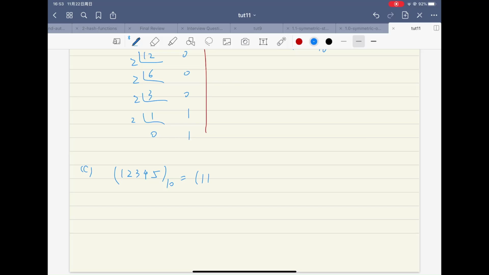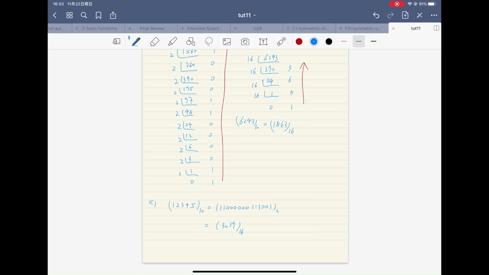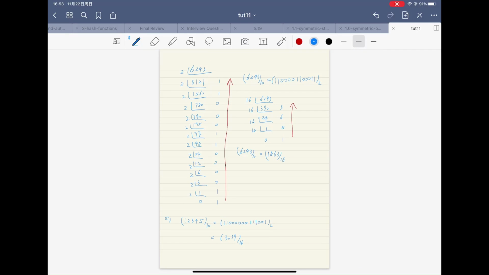Here it is 11000000111001 in base 2, and also 3039 in base 16. You can try it by yourself and verify your answer here, because the computation is pretty easy. Okay.